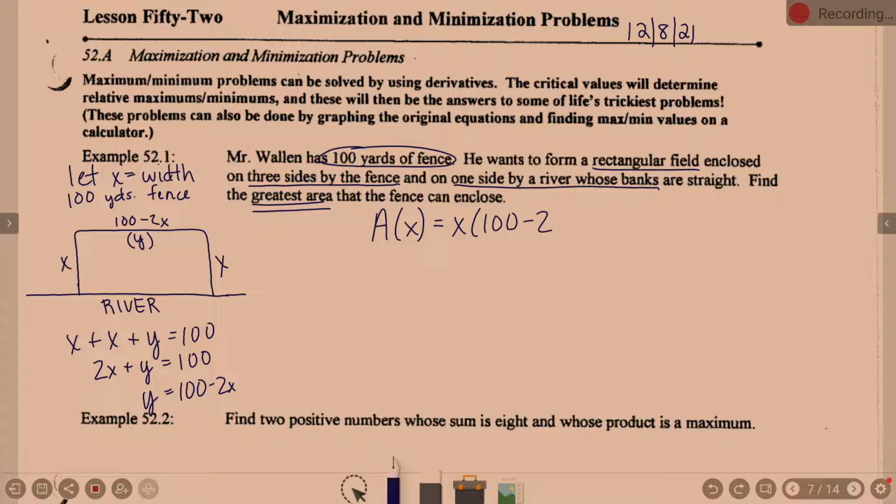Knowing that this is a maximum minimization problem and I'm going to be having to do derivatives, I would encourage you to go ahead and multiply that together. And x times 100 minus 2x is 100x minus 2x squared.